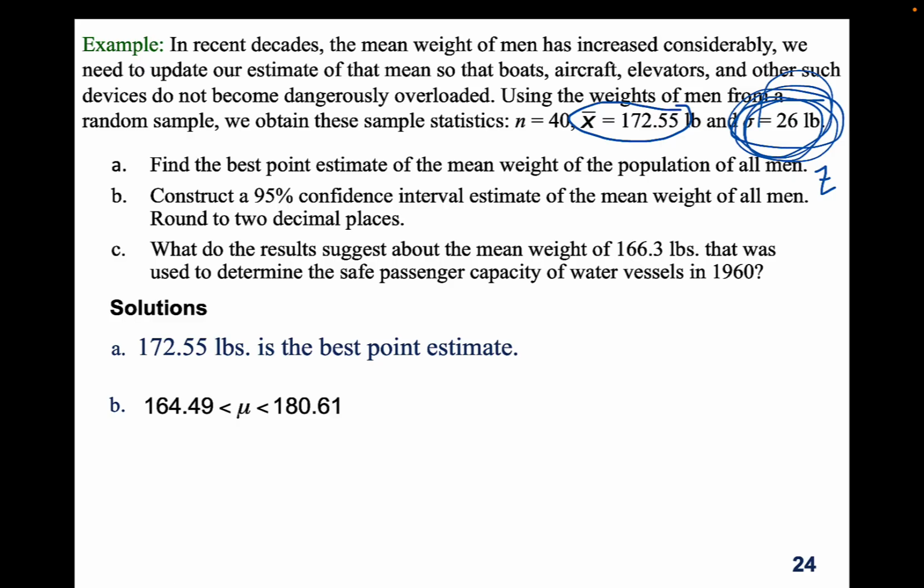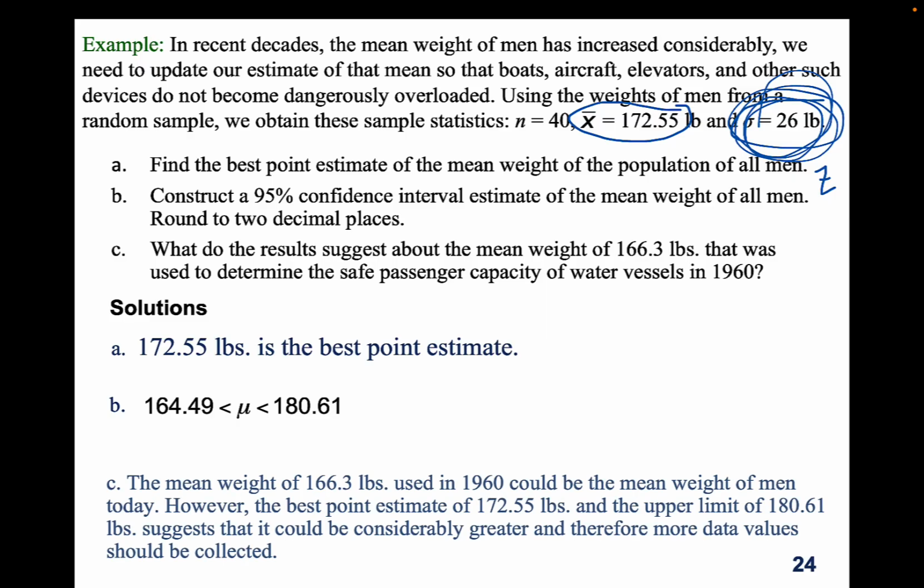And because this situation could potentially involve fatalities, it's about people's safety, we wouldn't want to just go back with the 166s in this interval, so we go ahead and use the old 166.3.